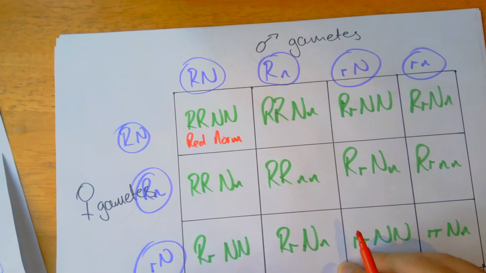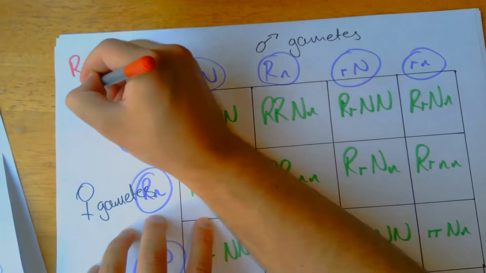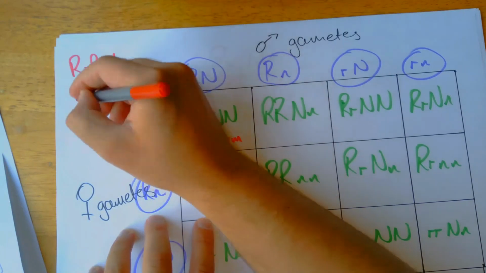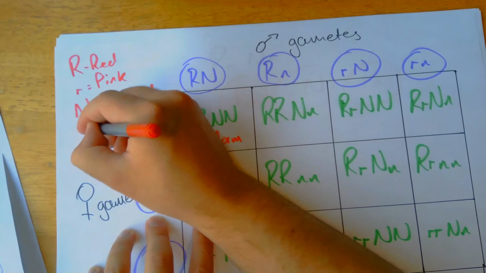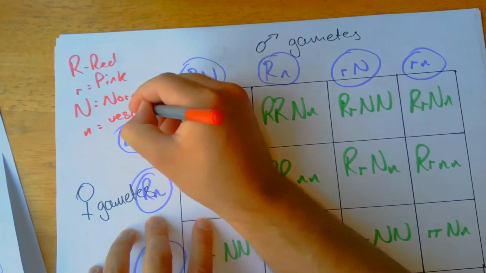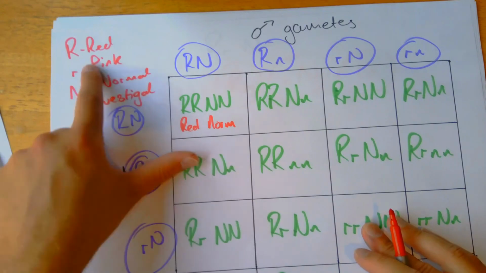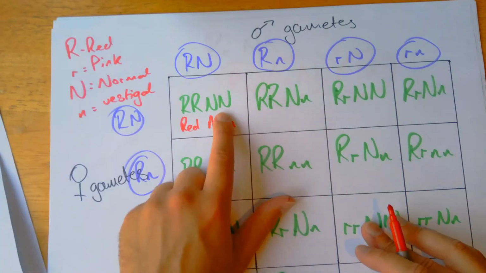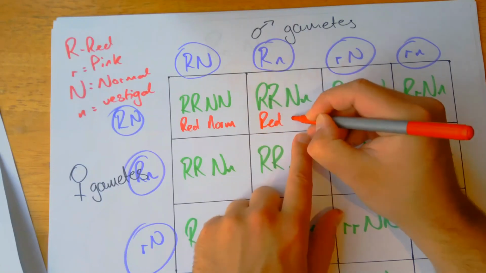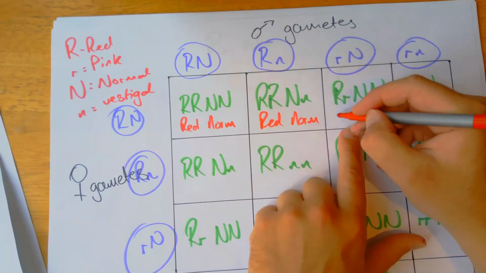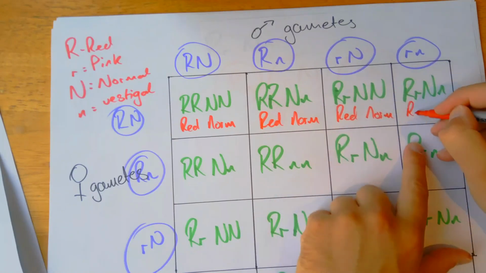Just for a second, I'm going to make sure that I've got my codes here for reference, so you can see where I'm coming from. We've got dominant R here, so it's going to be red, and we've got a dominant N here, so it's going to be normal wings. It's going to be red and normal wings, red eye, normal wing, red eye, normal wing.